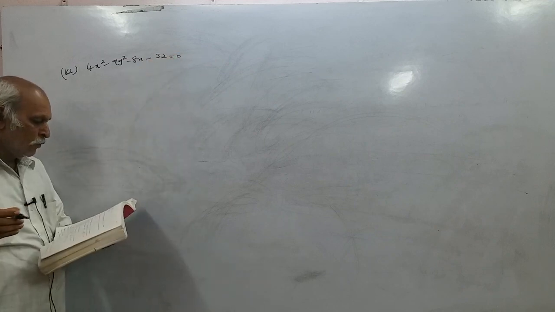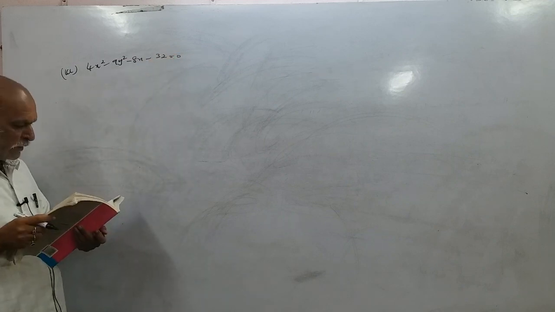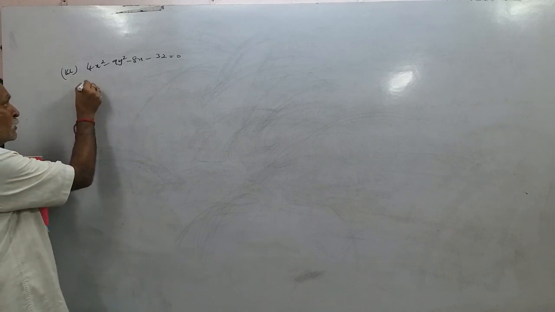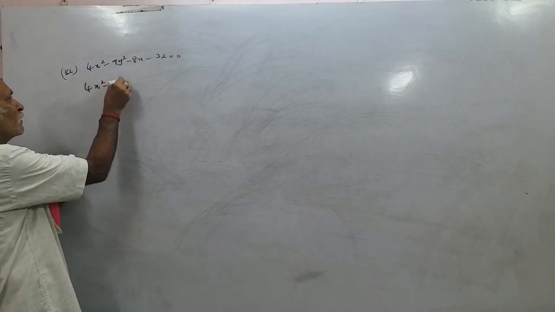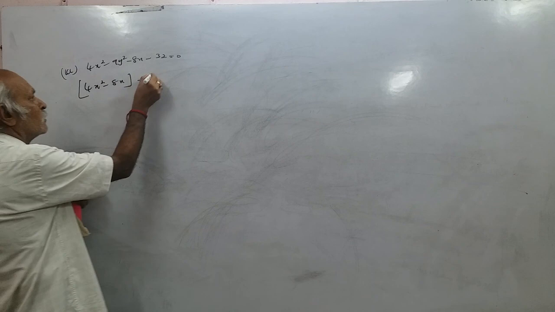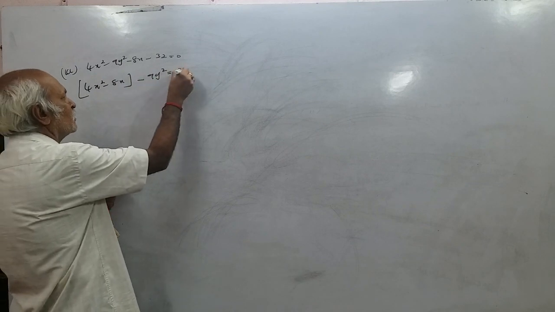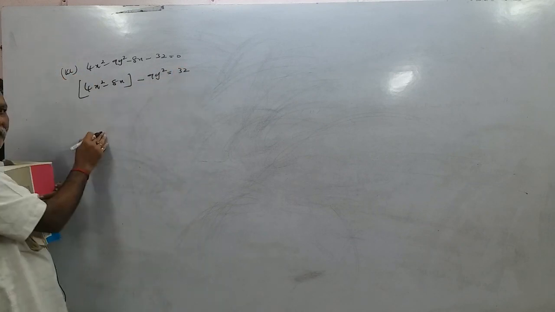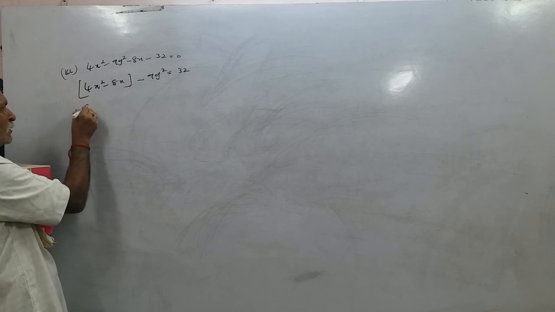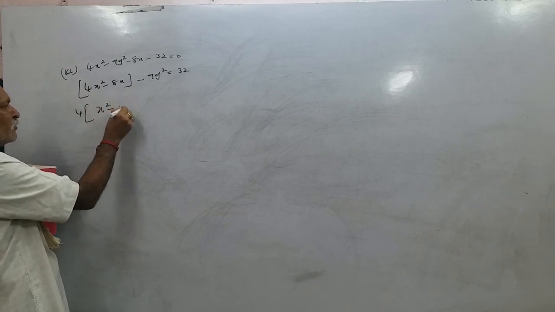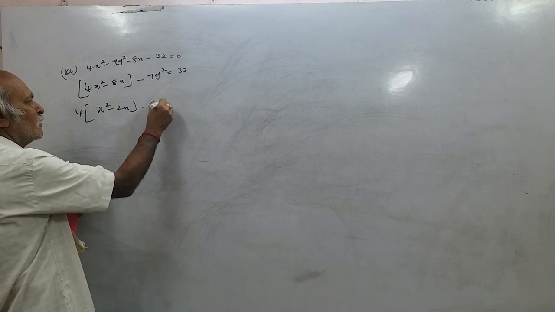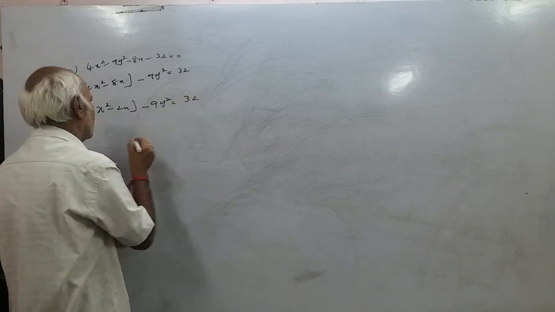4x square minus 9y square minus 8x minus 32 is equal to 0. Observe here: 4x square minus 8x minus 9y square is equal to 32. So again, like ellipse, we have to do, sir. 4 common: x square minus 2x, minus 9y square is equal to 32.